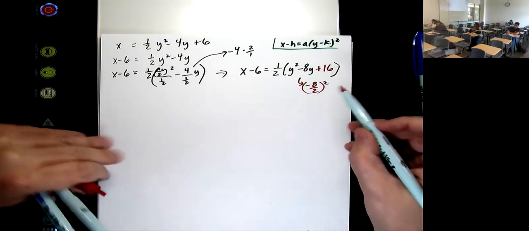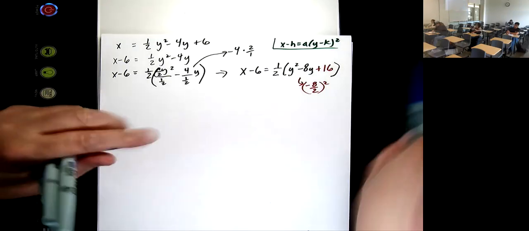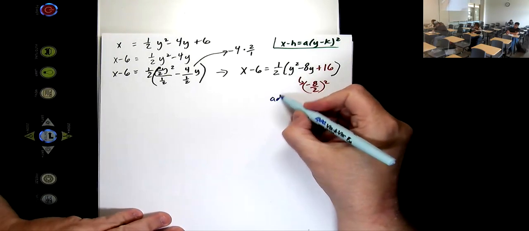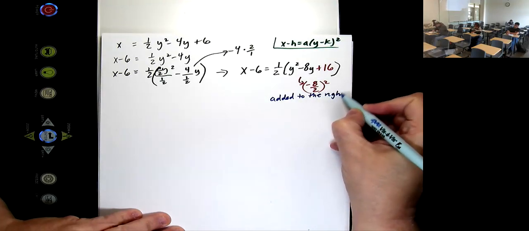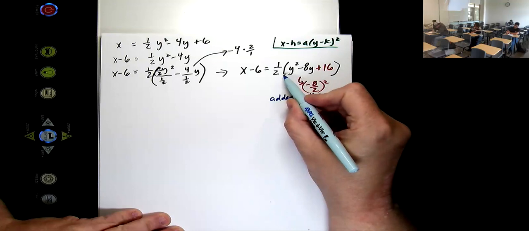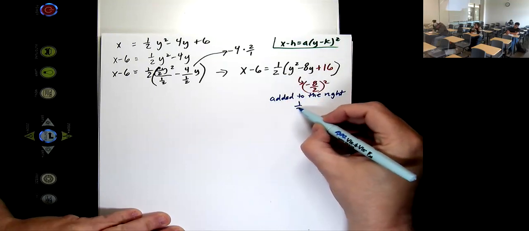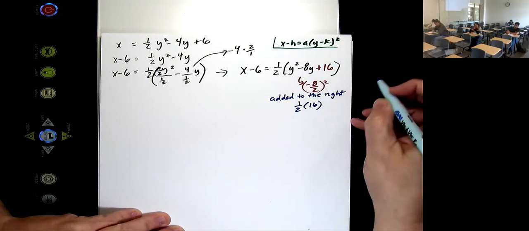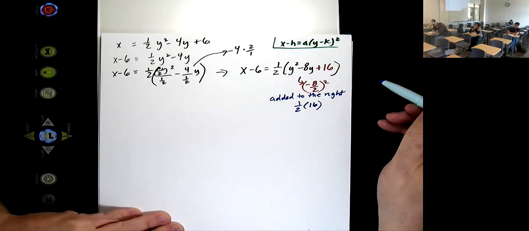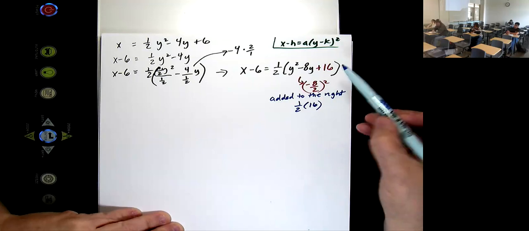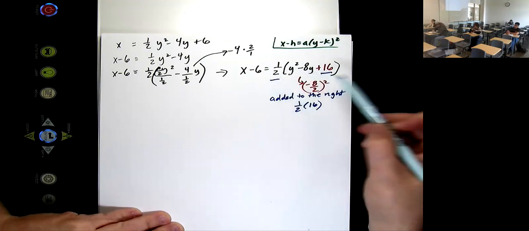So what I have added to the right side is not just the 16, but I have a 1/2 times it. 1/2 times 16. Does that make sense? The 16 and the 1/2 here.